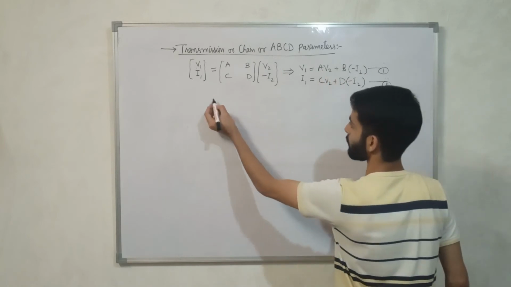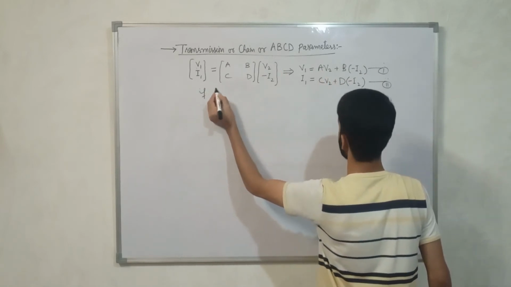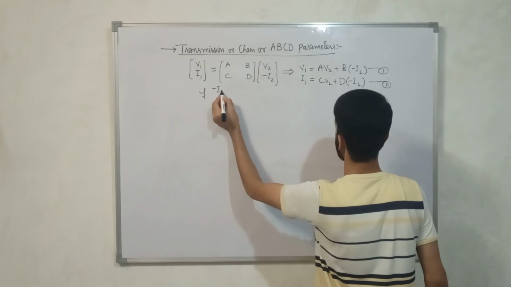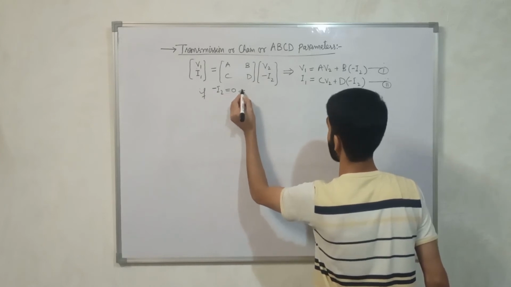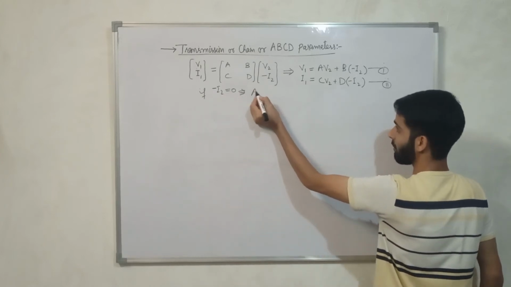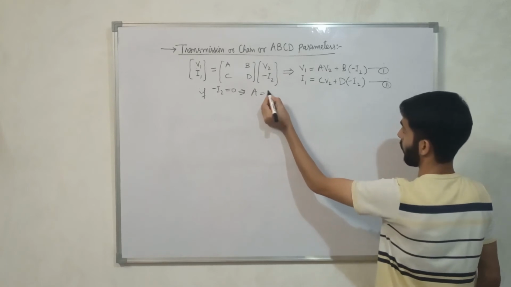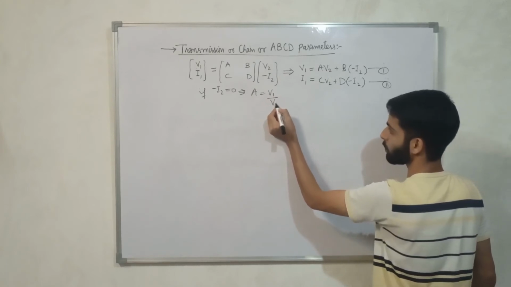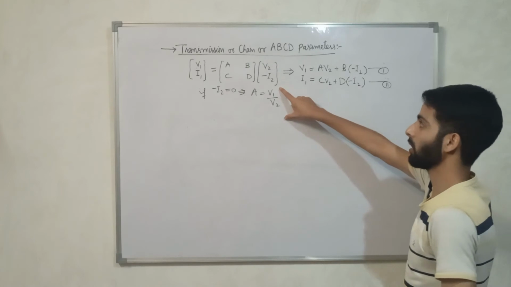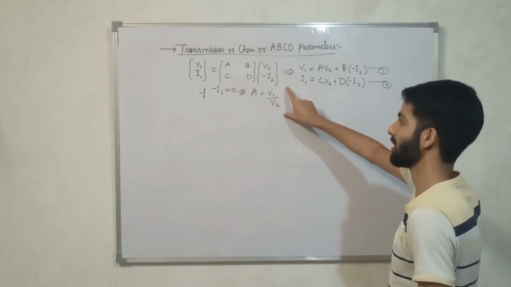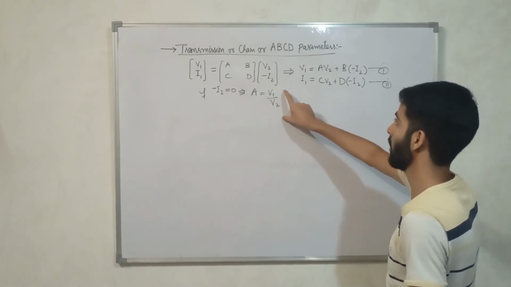Here we will find if minus I2 equals to 0, this implies A equals to V1 upon V2. So the voltage upon voltage gives us a simple number.